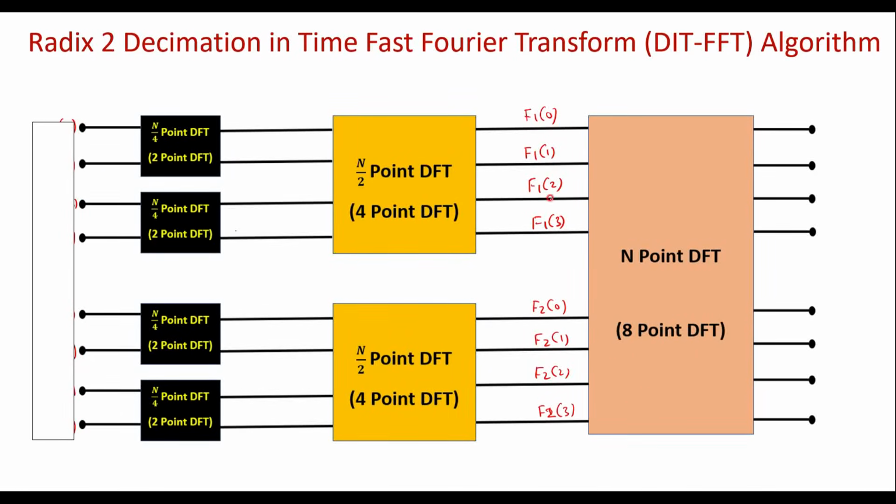Here f1 of k and f2 of k are N by 2-point DFTs. Therefore k varies from 0 to 3. And these are the outputs, that is x of 0, x of 1, x of 2, x of 3, x of 4, x of 5, x of 6, x of 7.